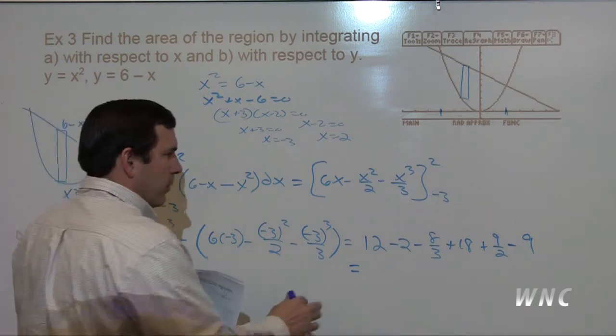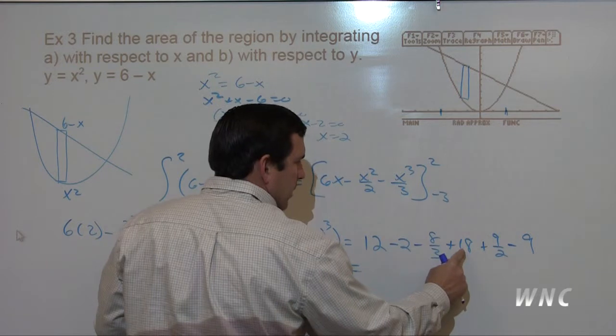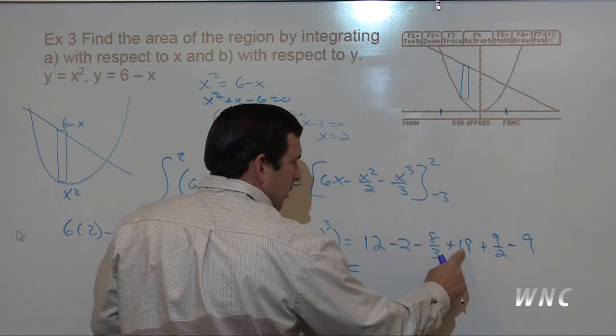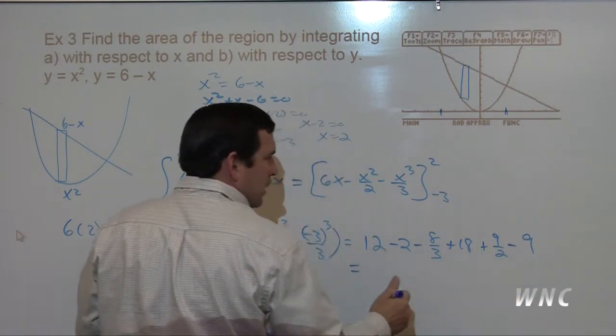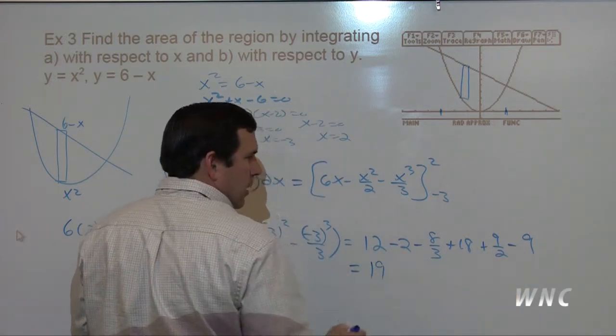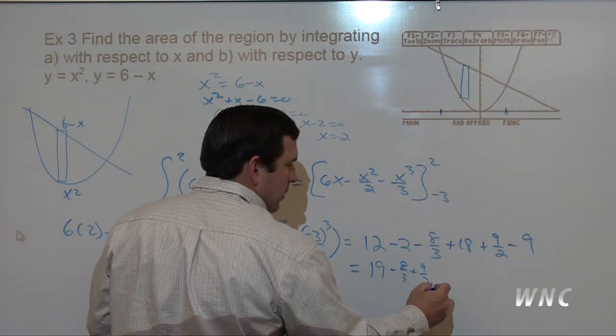Okay, so let's see what we have here. 12 plus 18 is 30. 30 minus 2 is 28, minus another 9 is 19. Then we have minus 8/3 plus 9 halves.